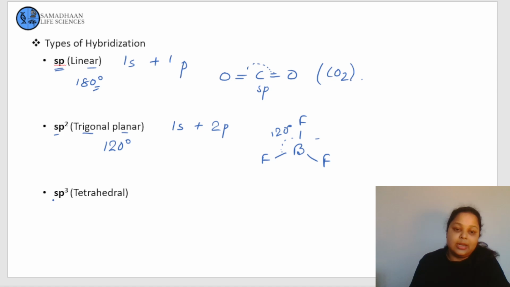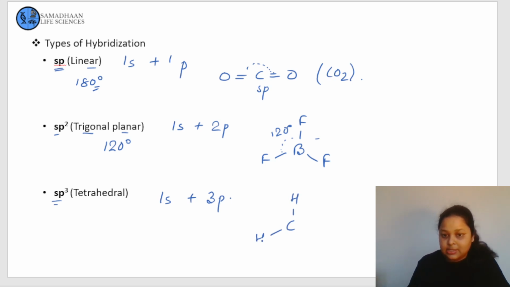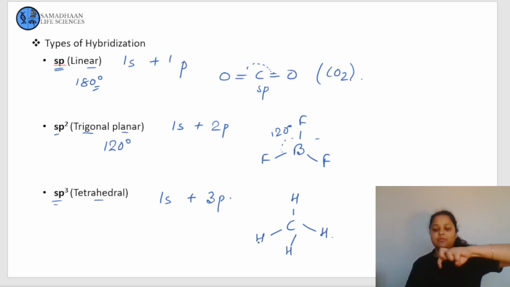Okay, let's take the next hybridization, sp3, formed by overlapping of one s and three p orbitals. Example is methane, CH4. This geometry is tetrahedral. So three hydrogens are here like that, one hydrogen is here.